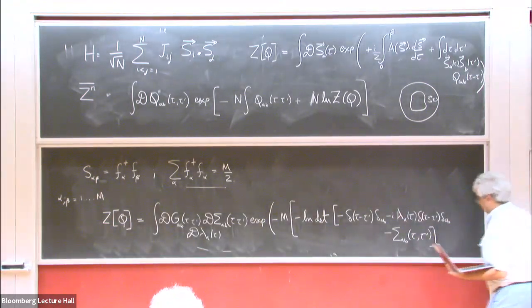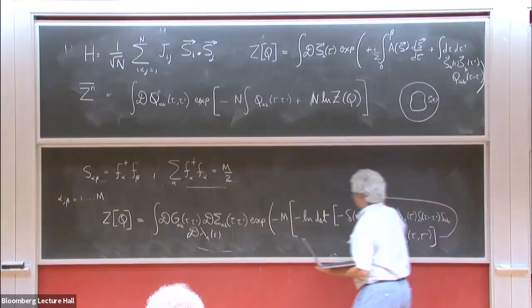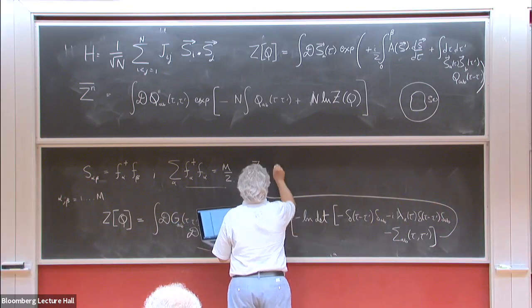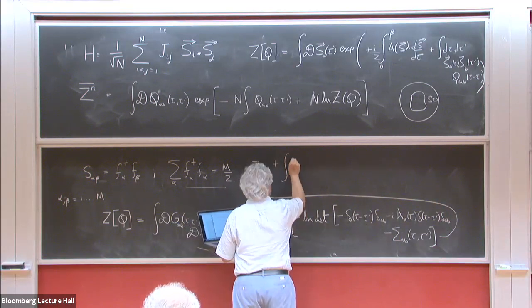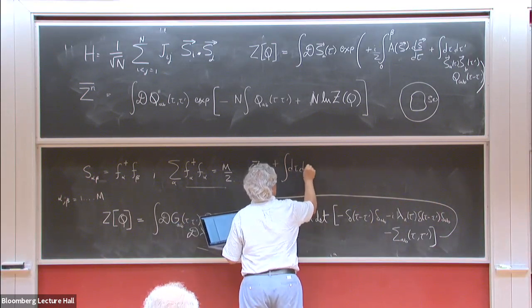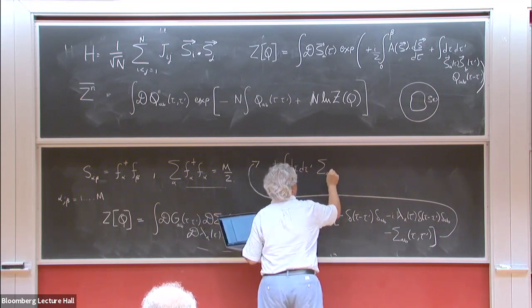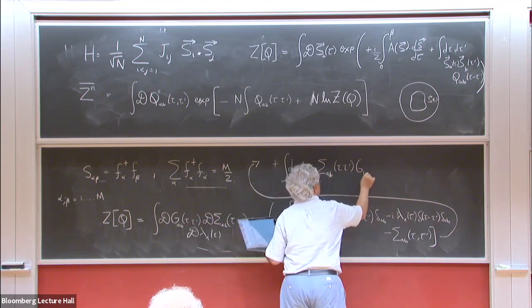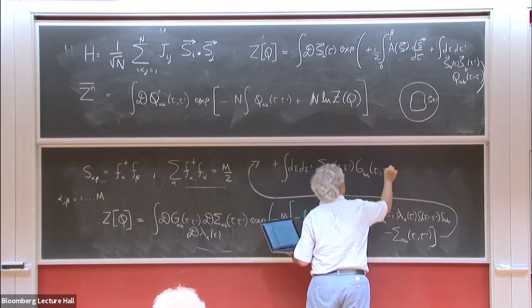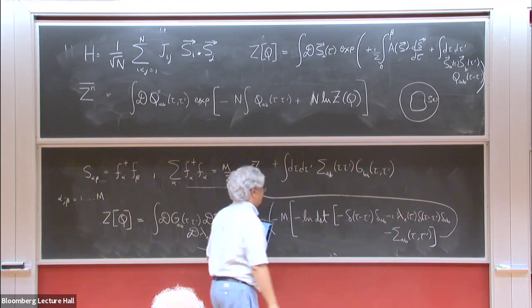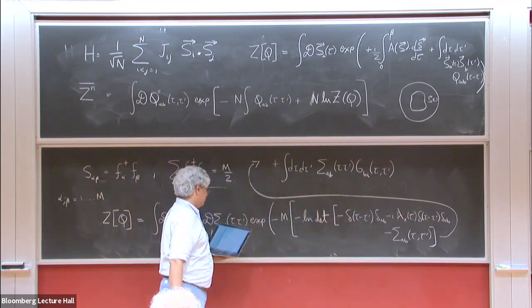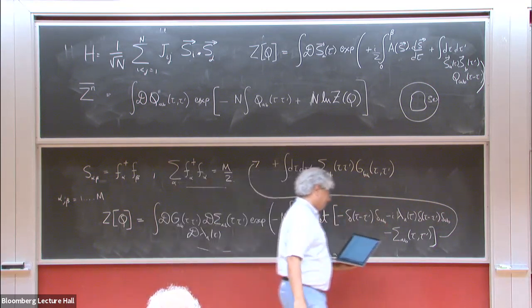And then plus integral d tau d tau prime, sigma_AB G_BA of tau, tau prime. At this point, this term and this term are exactly the things you get in the G-sigma path integral for the SYK model.